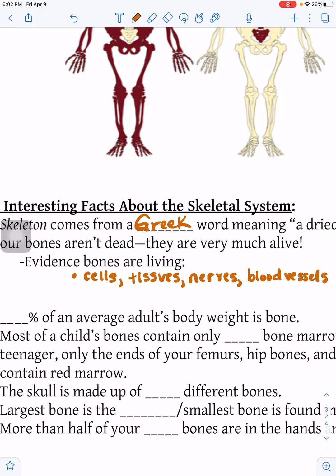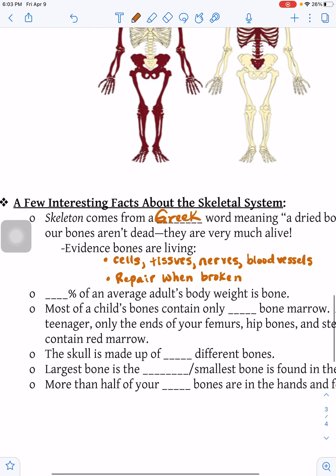I'm just writing several things that give us evidence that bones are living. And the other thing I wanted to say is they repair when broken. Doesn't mean they repair quickly or without help, but they do repair because cells are regrowing. Just to give you some evidence that they are living.